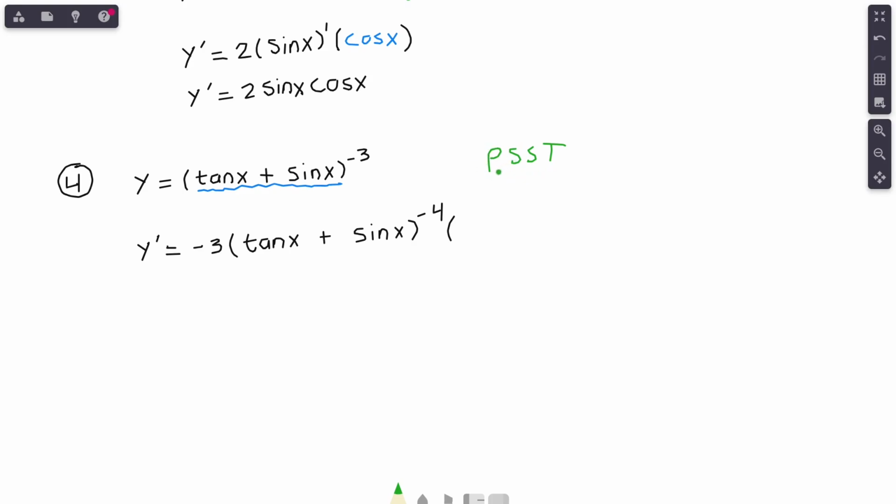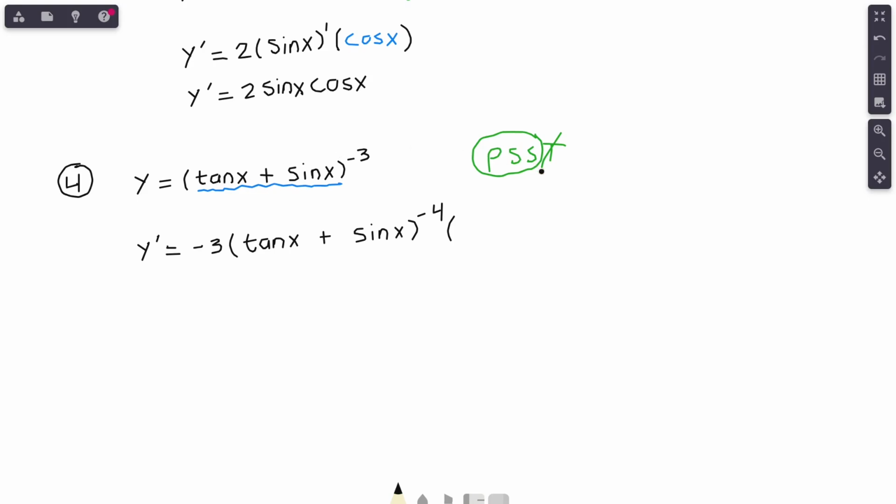So to find the derivative of tangent, we just cross it off. And what we're left with is the derivative of tangent, so positive secant squared.